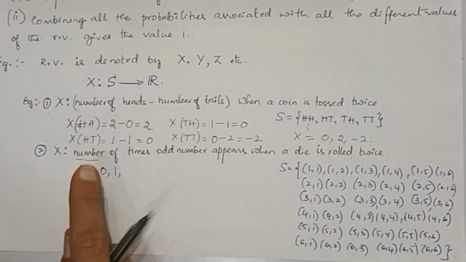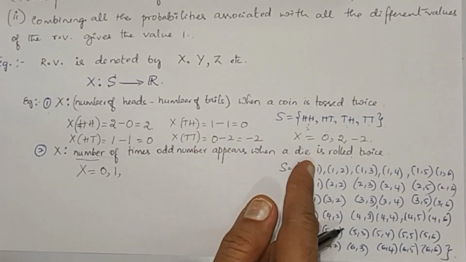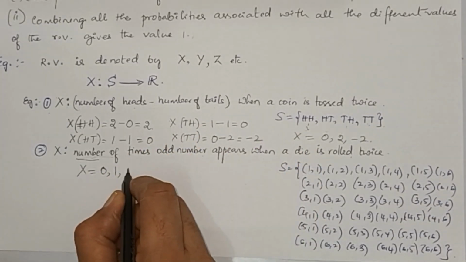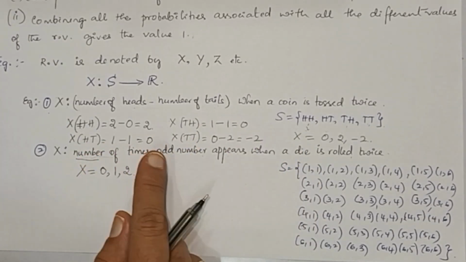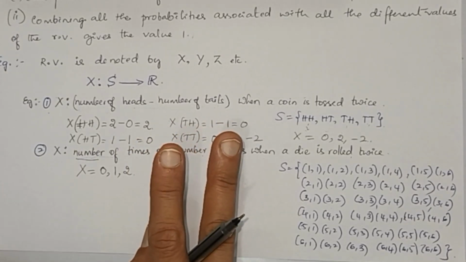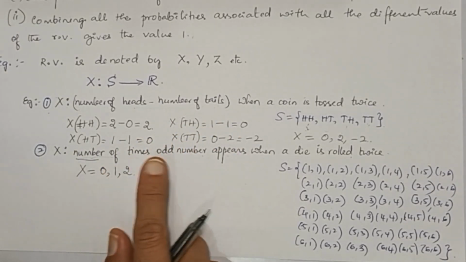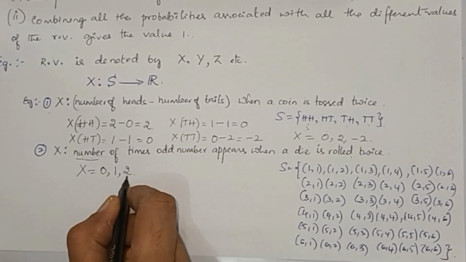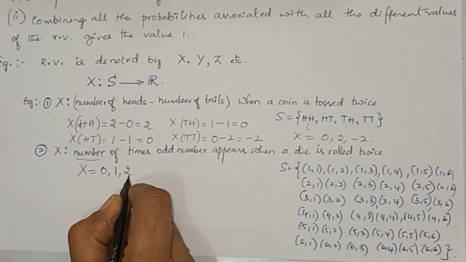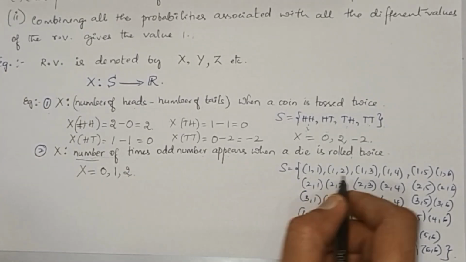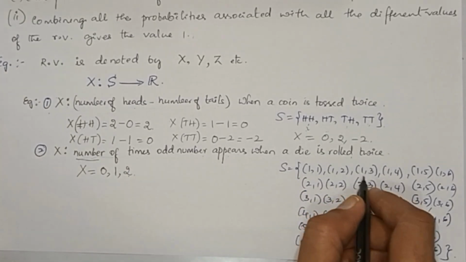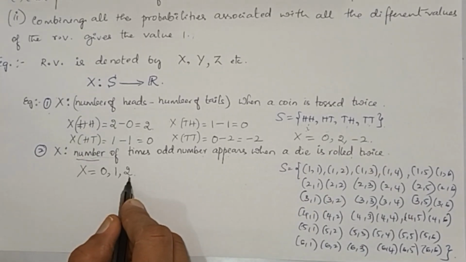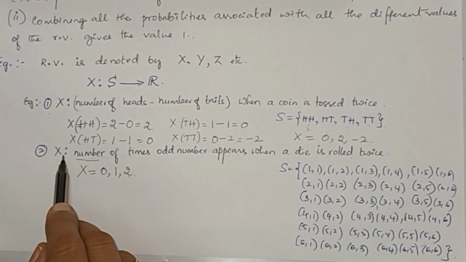Sometimes you will get one odd number, and on the other die it may be even. Then you may get odd numbers on both dice. In that case, X equal to 2. X equal to 3 is not possible because you are throwing a die only 2 times. So these are the possible values of this random variable.